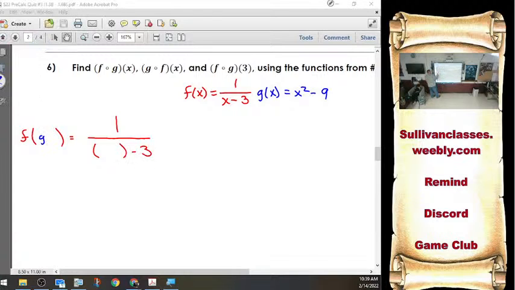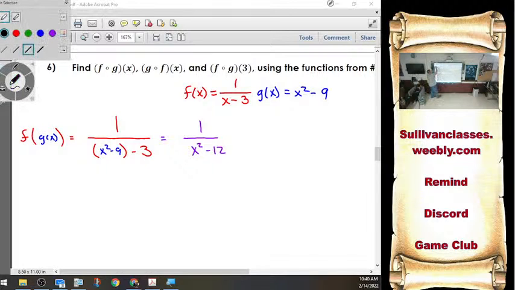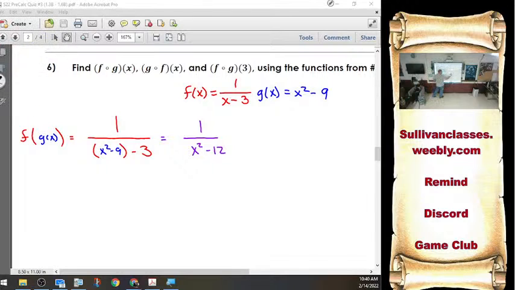That thing happens to be g of x. And g of x is x squared minus 9. So I'll combine like terms and call it 1 over x squared minus 12. Thou shalt not divide by 0. So if I'm not supposed to divide by 0, I'll set my denominator equal to 0 and solve, making sure to simplify my radical.